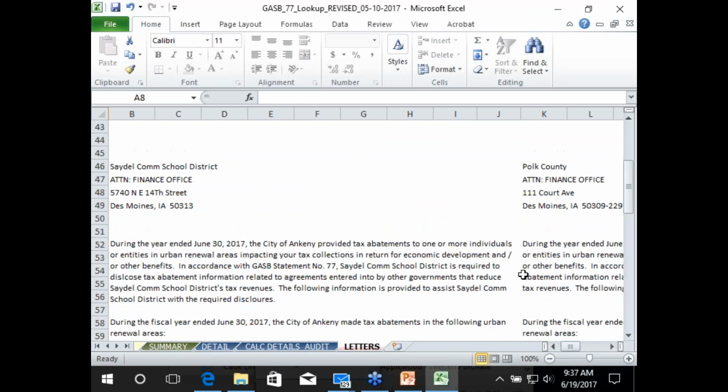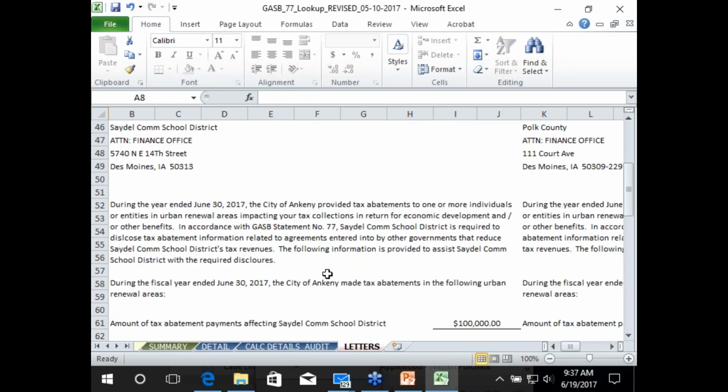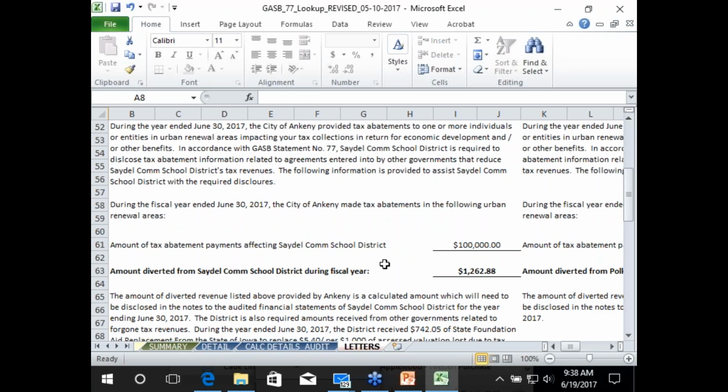Okay, here's Sadell School District. So this is a letter that the city of Ankeny is going to send to the Sadell School District. And what it says is, during the year ended June 30, 2017, the city provided some tax abatements that were subject to GASB 77 disclosure. It says Sadell is required to disclose certain tax information in its note.